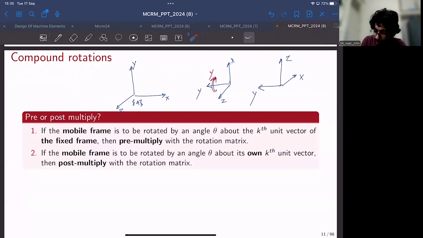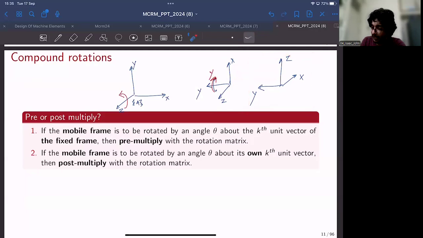First, I rotated it by 90 degrees like this with respect to the z-axis, right? So now we get a new axis like this. And on this new axis, I rotated with respect to y like this. So we'll end up like this.